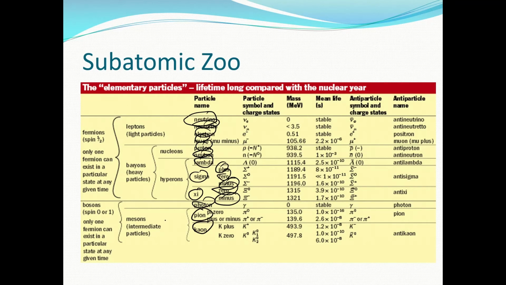Oh man, so much stuff to sort out. So yeah, it's like a zoo of animals. There are all these subatomic particles, tons of them everywhere. So yeah, subatomic zoo.